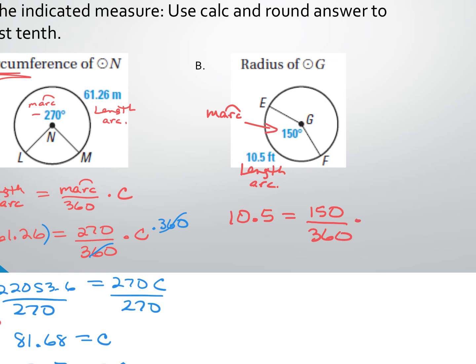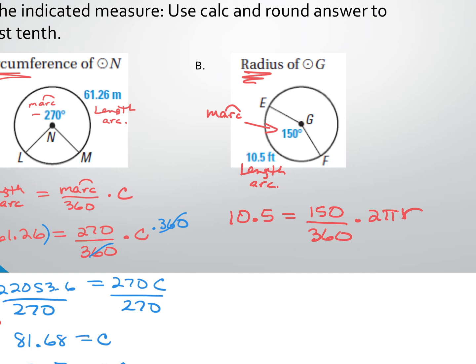And because it wants the radius this time, I'm going to put 2 pi r here. So the part that's going right here is some form of the circumference formula, whether it's the letter C, whether it's 2 pi r, or whether it's pi d.